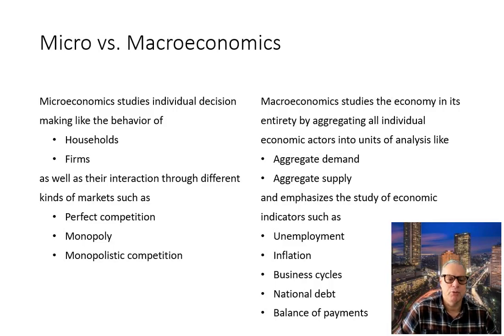So in perfect competition, you have so many producers and consumers that no individual economic actor has any market power. In a monopoly, you have only one producer that faces many consumers, and that producer has lots of market power.